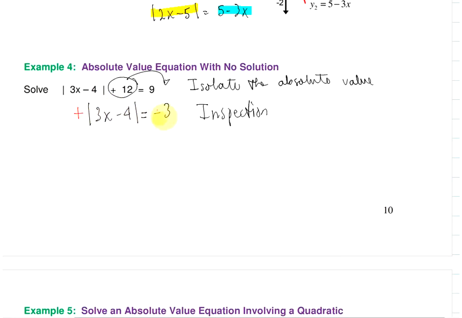Notice on the right you have a negative. There is no way that a positive can equal a negative. And so we say there is no solution, and we can use this symbol for no solution. All right, that ends this segment.